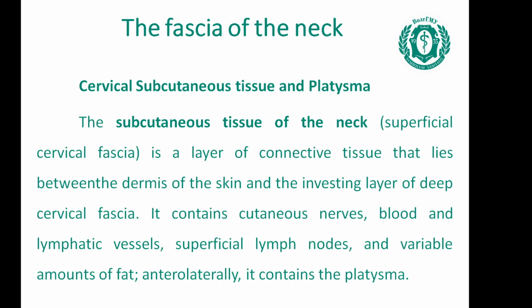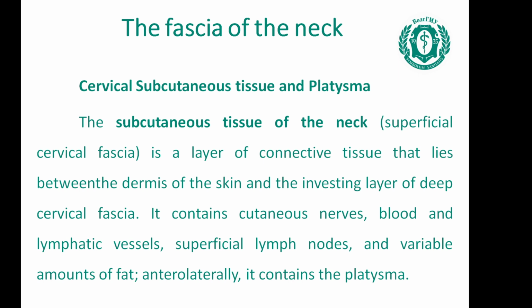The subcutaneous tissue of the neck, or superficial cervical fascia, is a layer of connective tissue that lies between the dermis of the skin and the investing layer of deep cervical fascia. It contains cutaneous nerves, blood and lymphatic vessels, superficial lymph nodes, and variable amounts of fat.